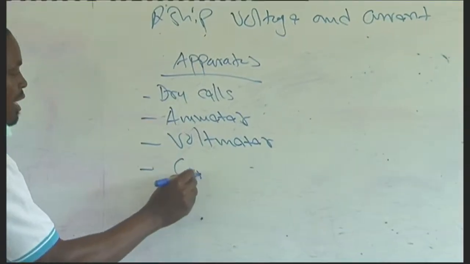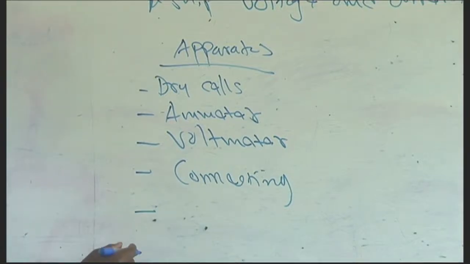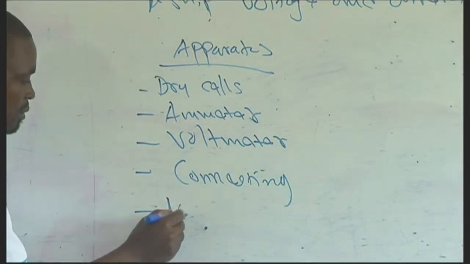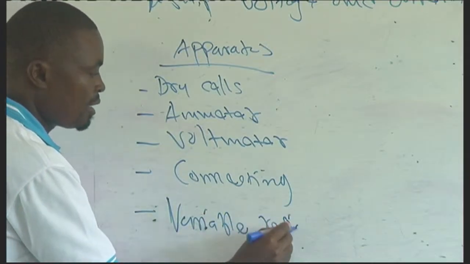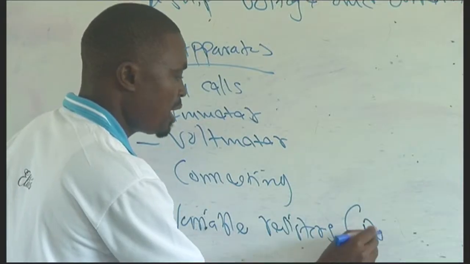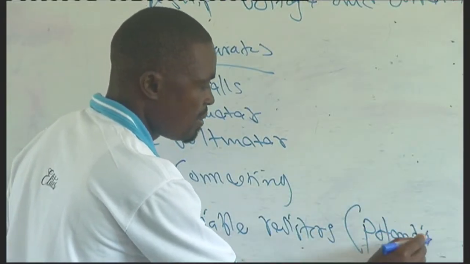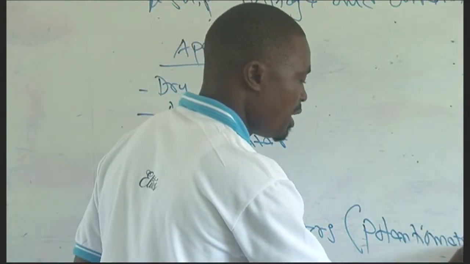We require connecting wires. We will also require a variable resistor. In our case, we can use either a potentiometer or a rheostat.